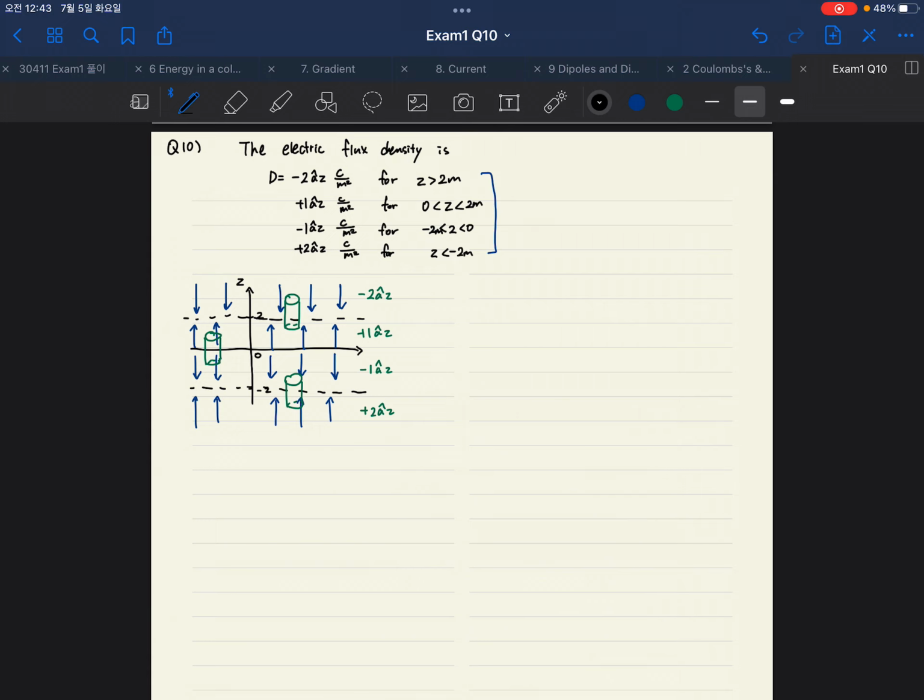For the Gaussian surface, we can use the equation for the charge enclosed, which is this.